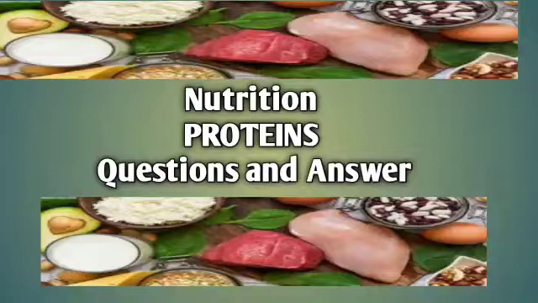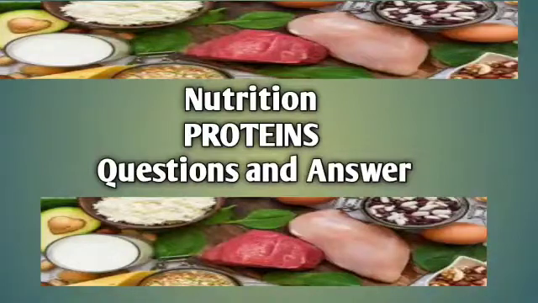High quality protein, or complete protein: number 1, contains all 9 essential amino acids. Number 2, more easily digested. Number 3, comes from animal protein, soy protein, and quinoa.